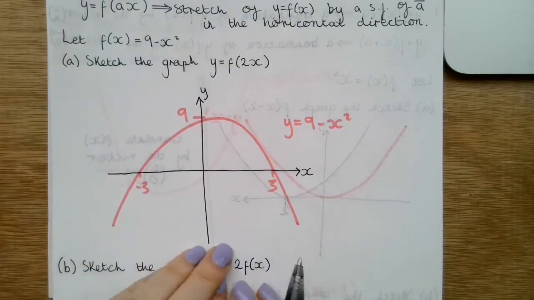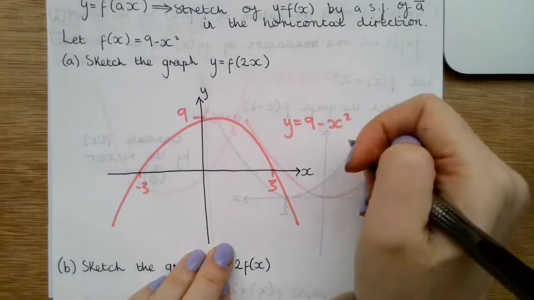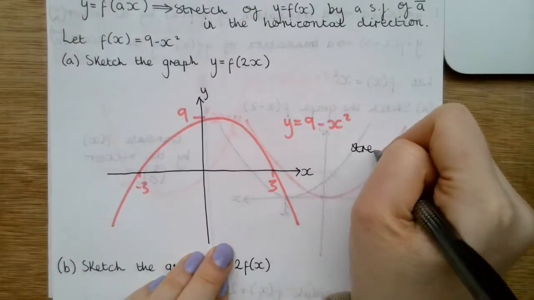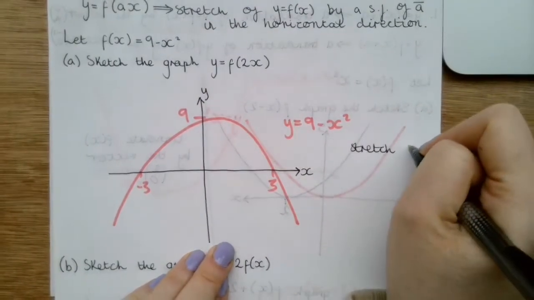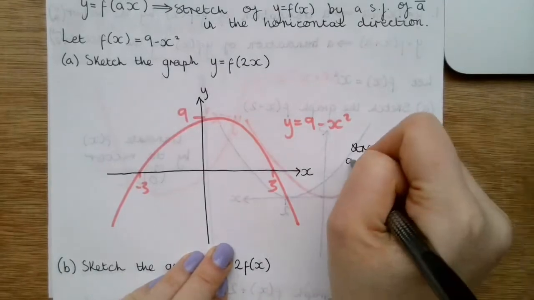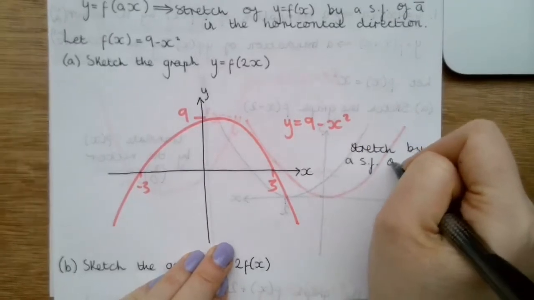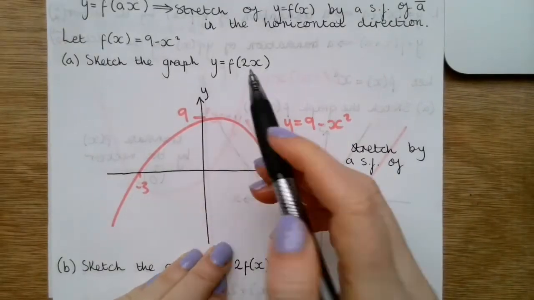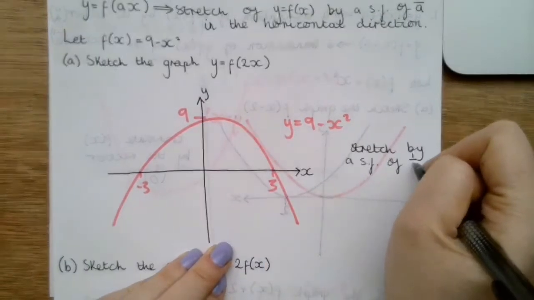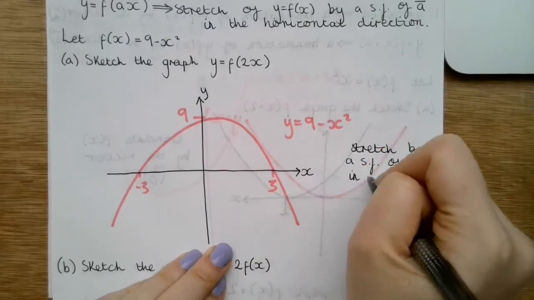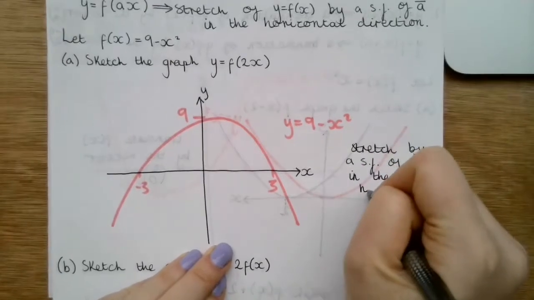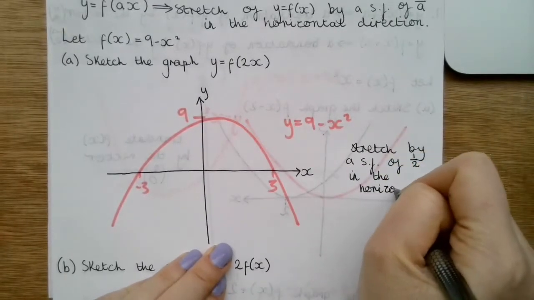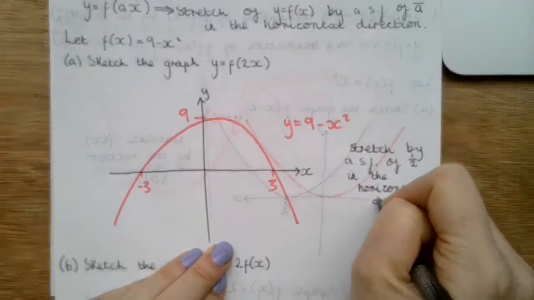So this is going to be a stretch by a scale factor of, this time the 2 is inside the bracket, so we're going to use the reciprocal of that scale factor, so of 1 over 2, and it's going to be in the horizontal direction.